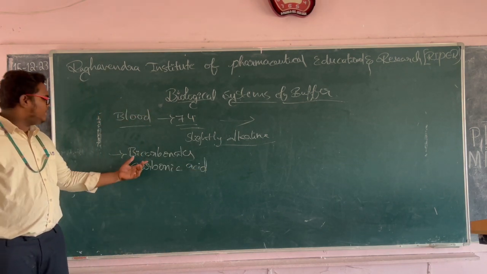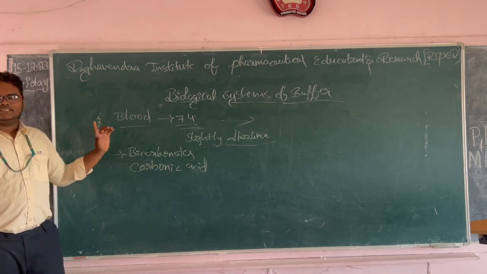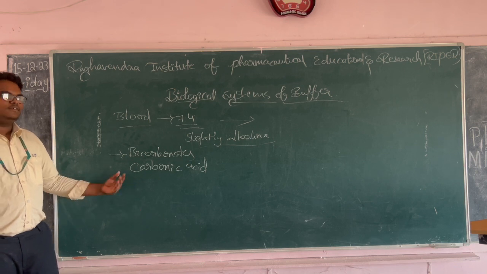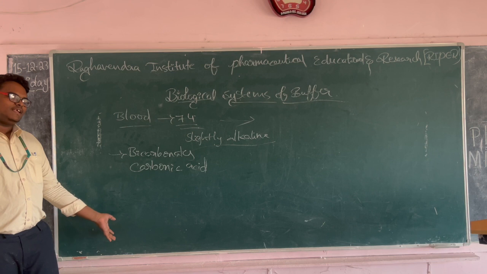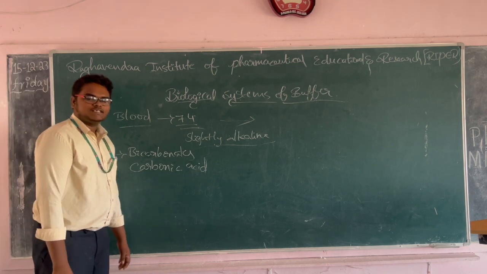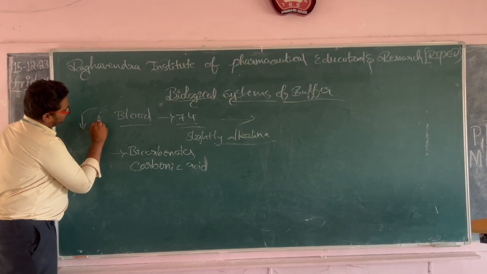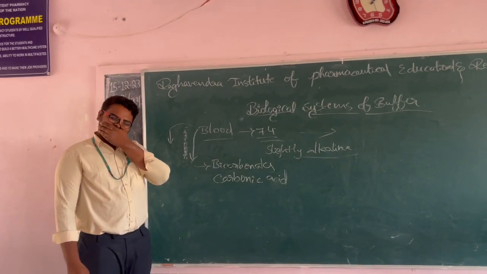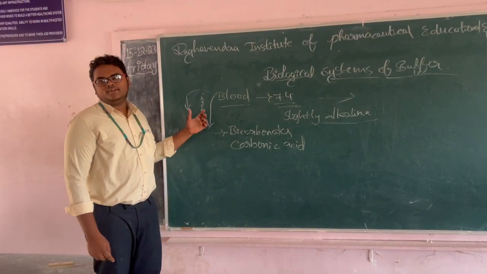The maintenance of bicarbonate and carbonic ion molecules in our blood pH means it will not generate any harmful conditions. Next, blood has two types of buffers: primary buffer and secondary buffer.